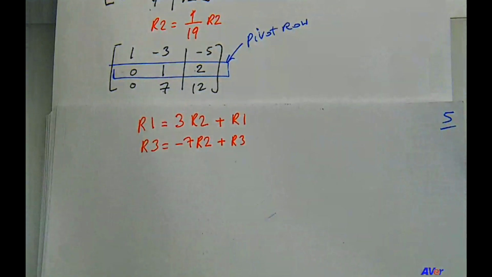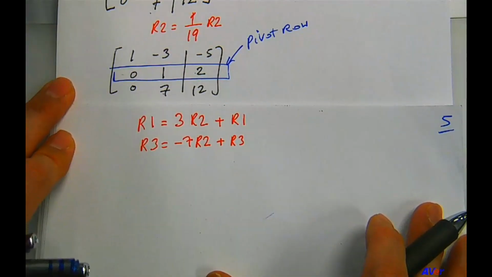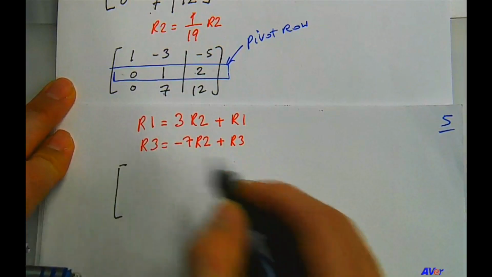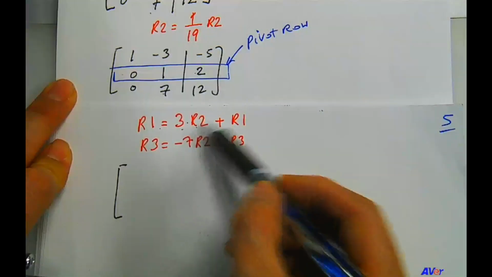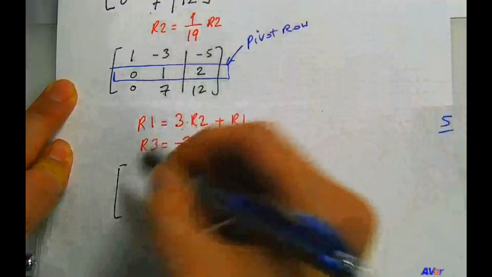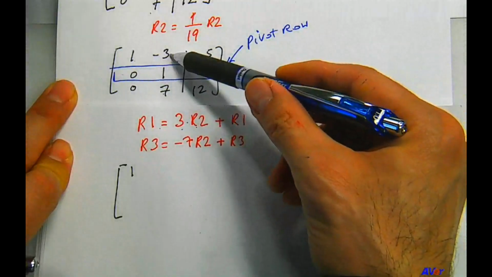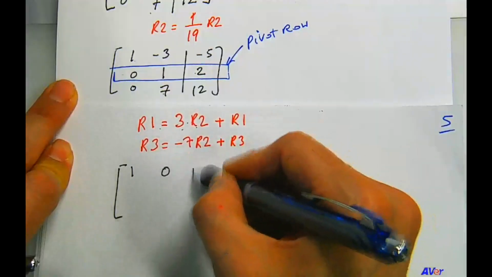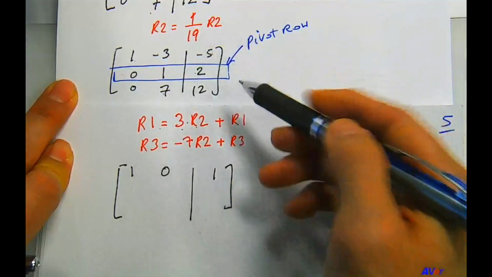Okay, let's carry out this row operation. With this, we have 3 times row 2 plus row 1. So 3 times 0 is 0, plus 1 is 1. 3 times 1 is 3, plus negative 3, 0. 3 times 2 is 6, plus negative 5 is 1.